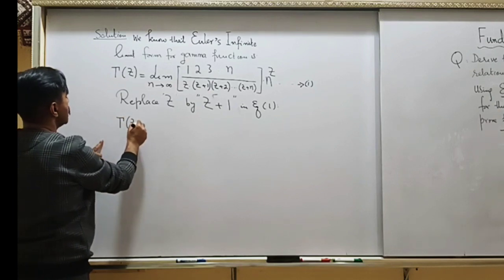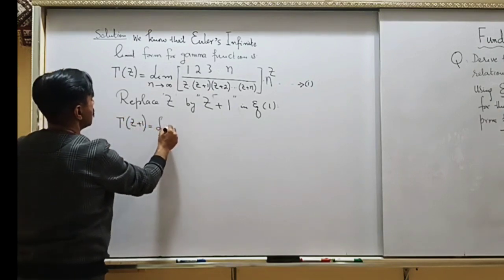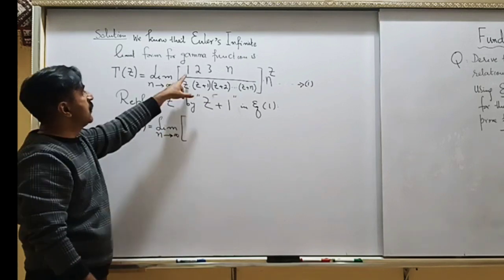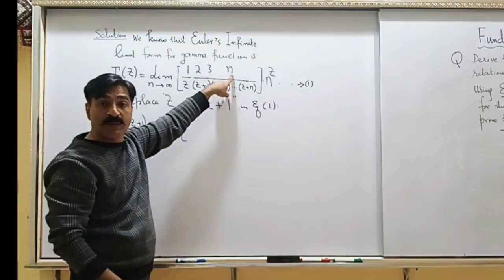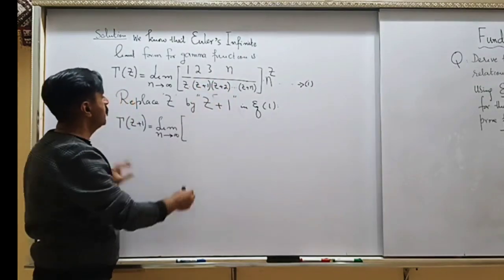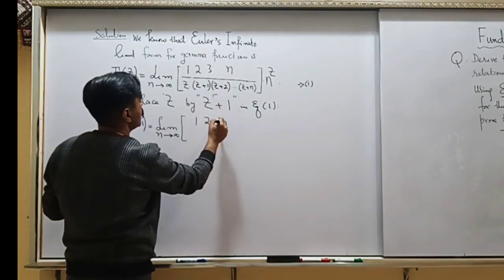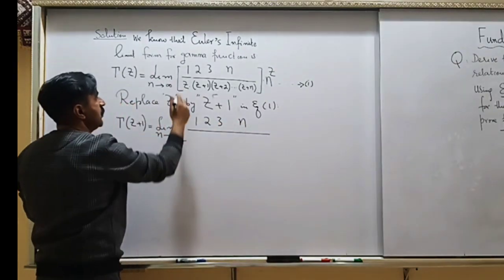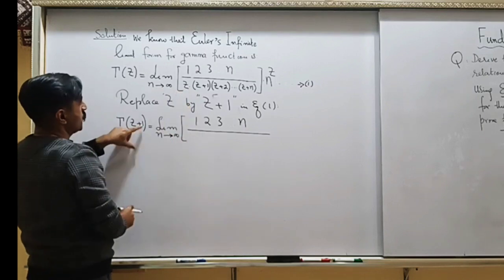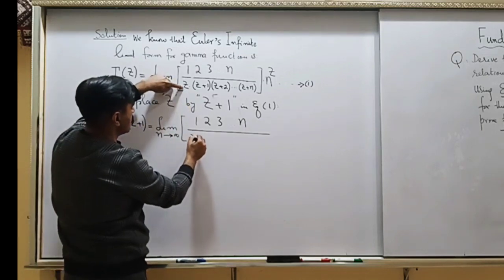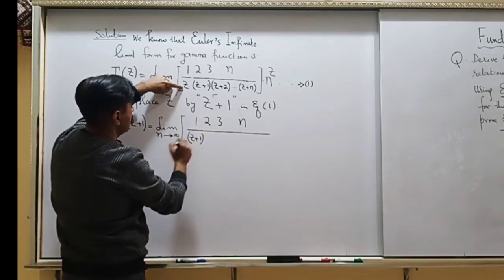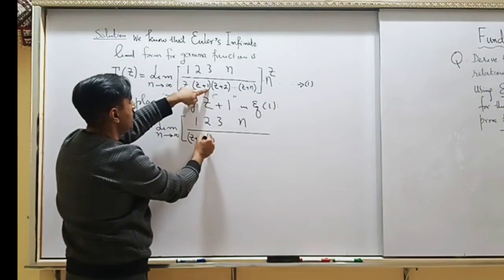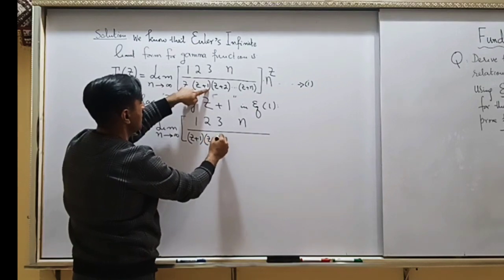Gamma z plus 1 limit n approaches to infinity. There is no z in the numerator within the square brackets, so write everything same as before over z is to be replaced with z plus 1. So this z will become z plus 1, and when you replace z by z plus 1, this plus 1 will make z plus 2.